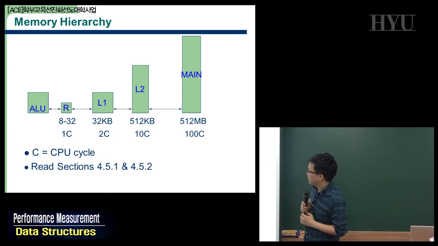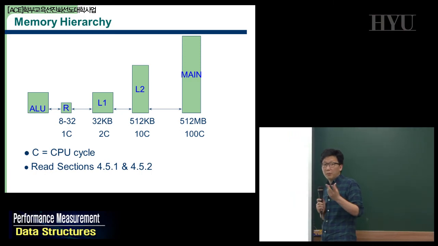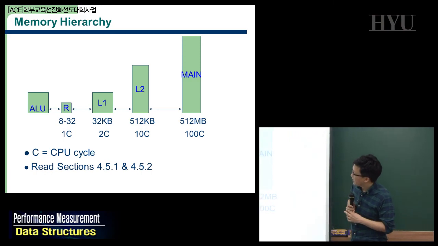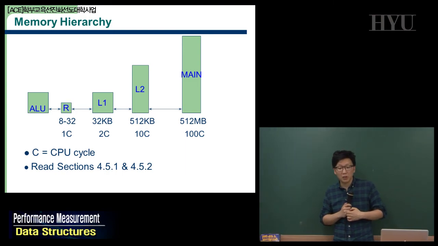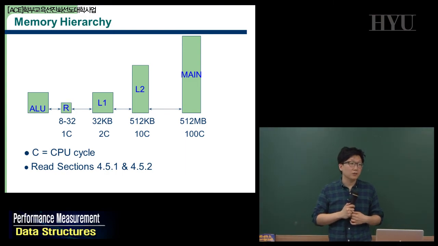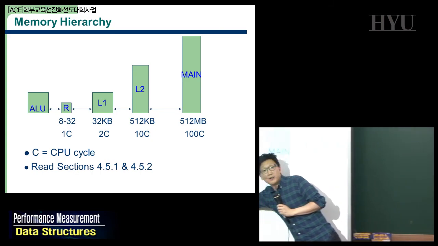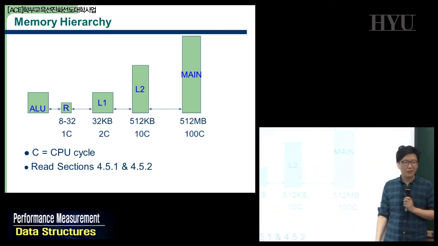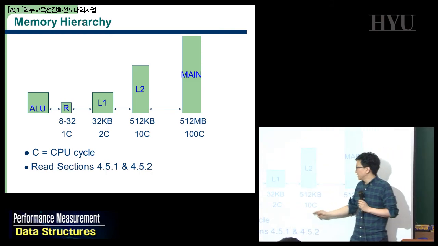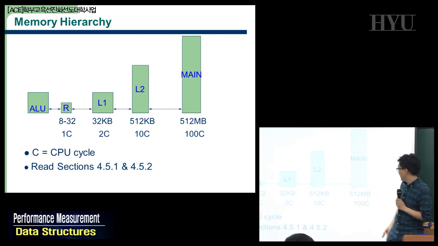Let's see, one CPU cycle to access register memory. L1 cache, another also fast memory right next to the CPU, takes 2 cycles. I guess this is the size of a memory. I think it's much larger, more than CPUs. 32K, 512K.